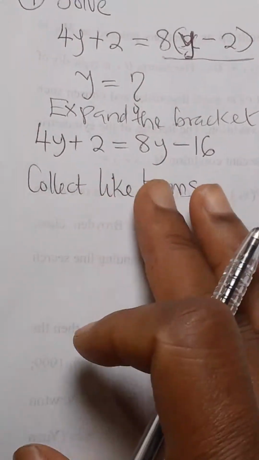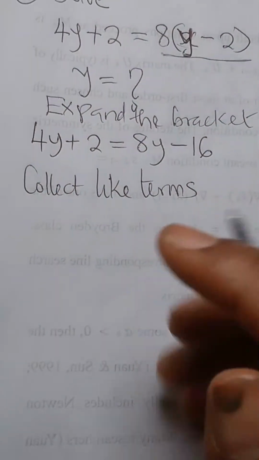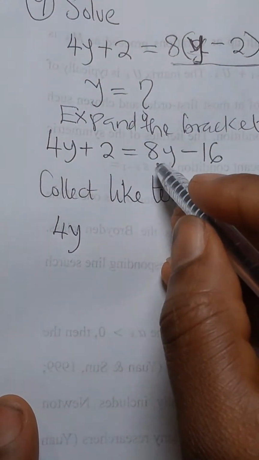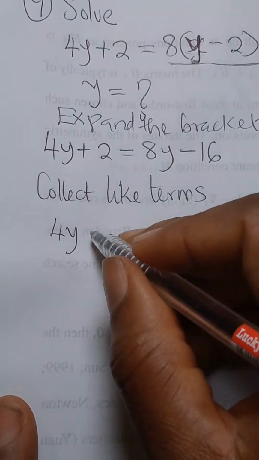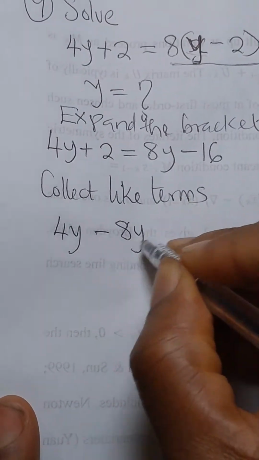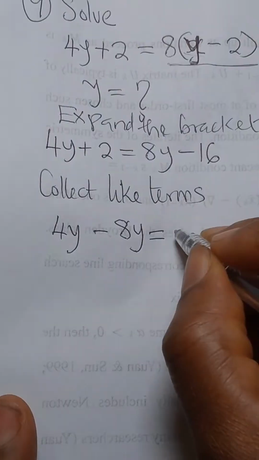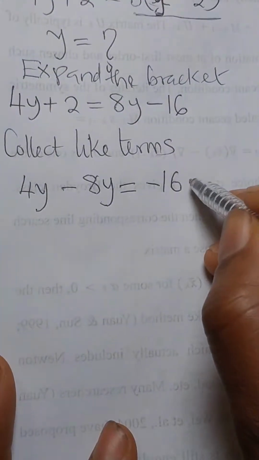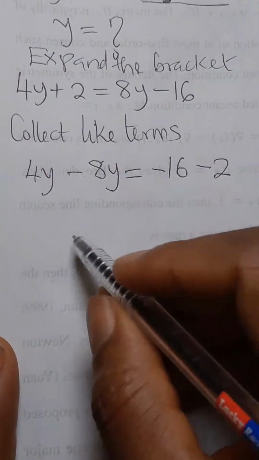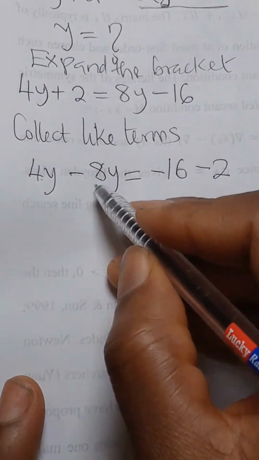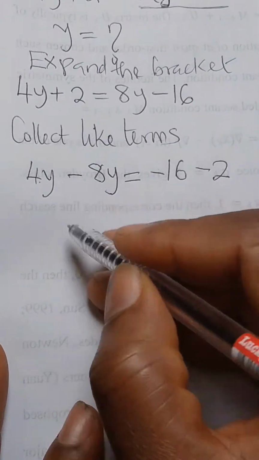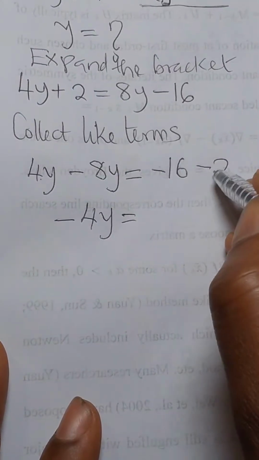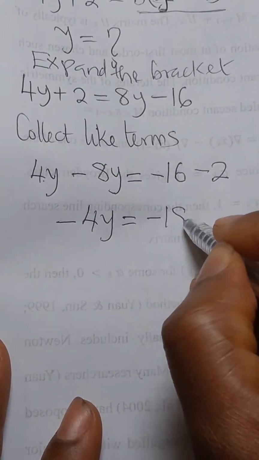We're going to move the y terms to one side and the numbers to the other side. So we have 4y. The positive 8y, when it crosses the equality sign, becomes negative 8y, is equal to minus 16. The positive 2, when it crosses the equality sign, becomes minus 2. So 4y minus 8y, because we are subtracting a bigger number from a smaller number, is minus 4y equal to minus 16 minus 2, which is minus 18.